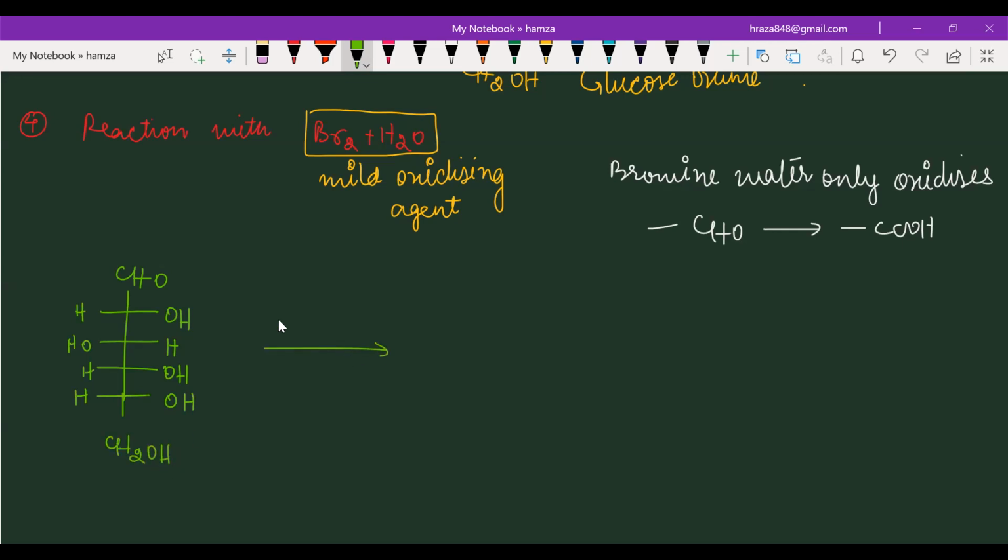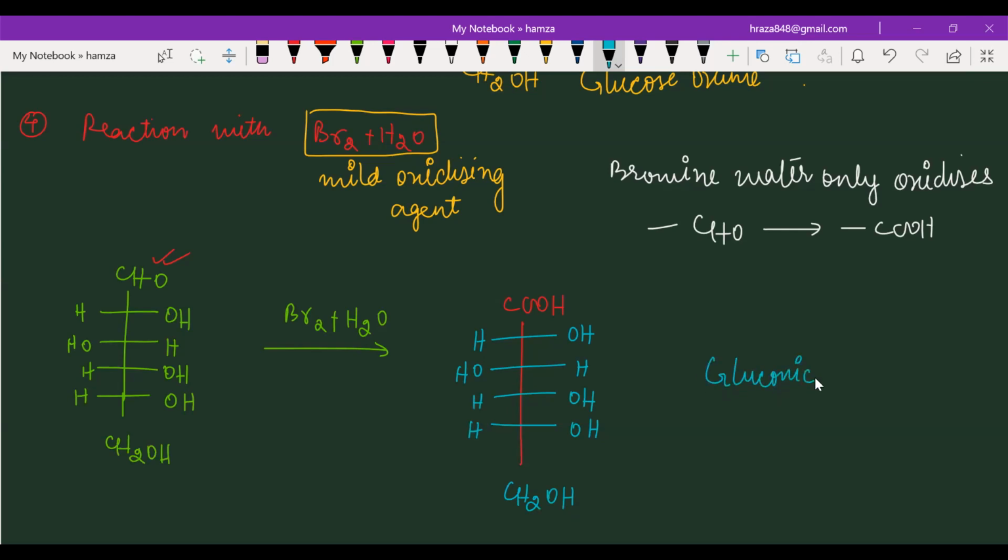So if you react this with bromine water, only this aldehyde will be oxidized directly into carboxylic acid, and the alcohol will stay as it is because it is a mild oxidizing agent. Its name is gluconic acid, also known as aldonic acid.